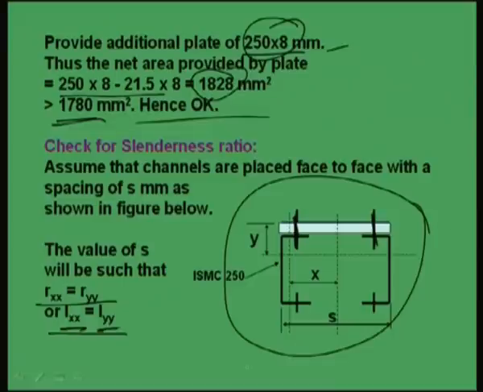So, we have to find out Ixx and Iyy, and if we can make them equal, we can find out the value of s, the distance between the 2 channels. So, the distance between the 2 channels has to be set in such a way that Ixx becomes Iyy, right.